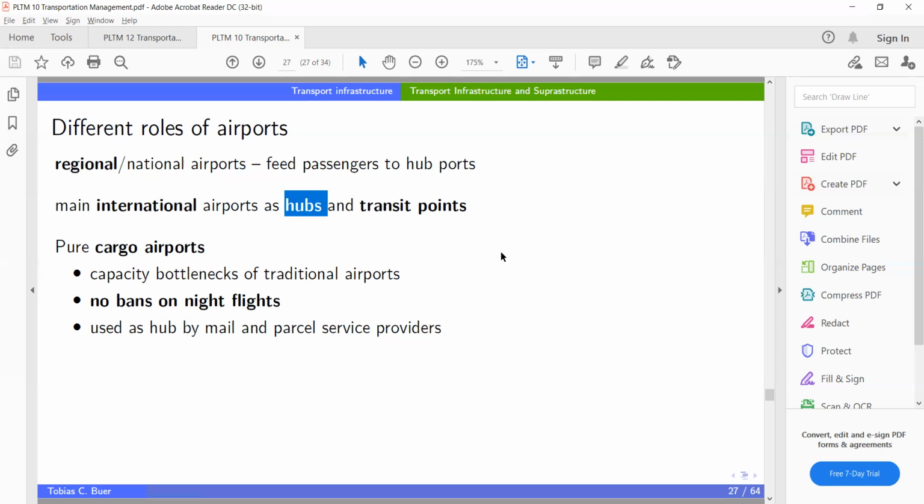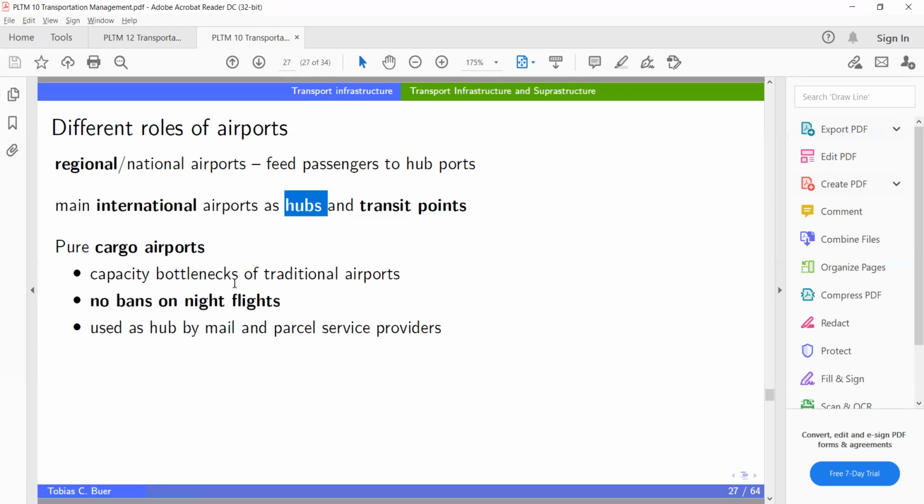In Oman, we don't have a big differentiation between cargo airports and passenger airports, but in other countries, we have sometimes dedicated airports that are only used for cargo transportation, and other airports are mainly used for passenger transportation. One reason for this might be different permits.